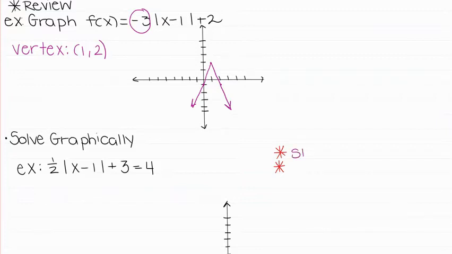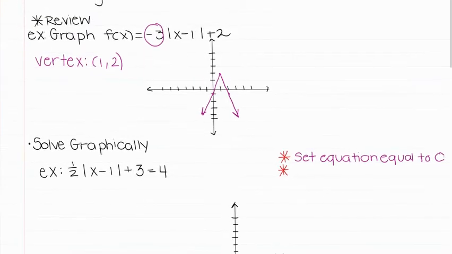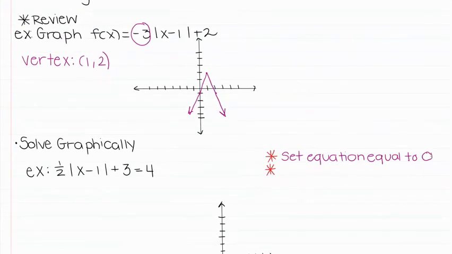So step 1 is to set the equation equal to 0. So right now it's equal to 4. So what we can do is, since it's a +4, we could subtract it.